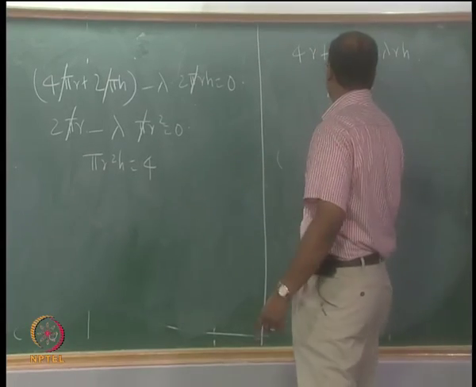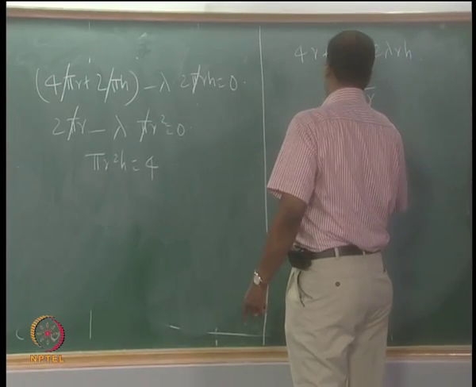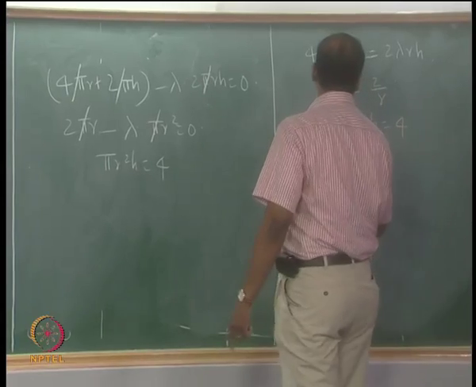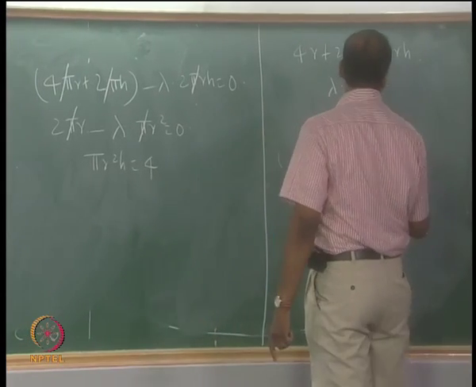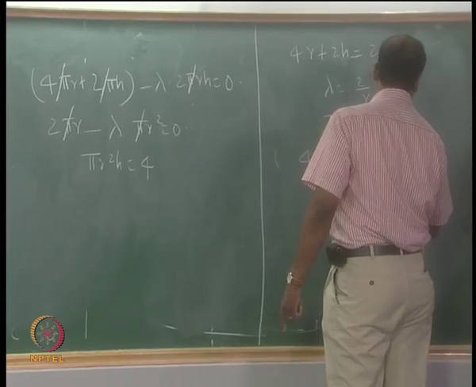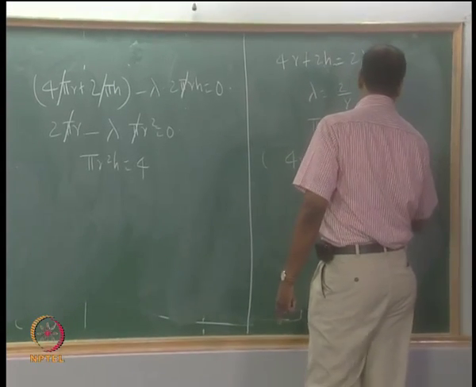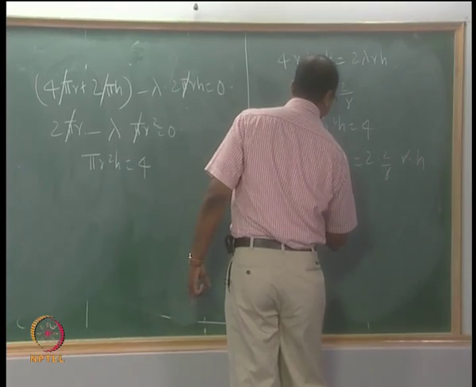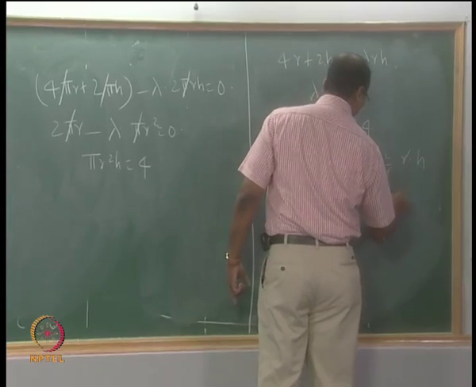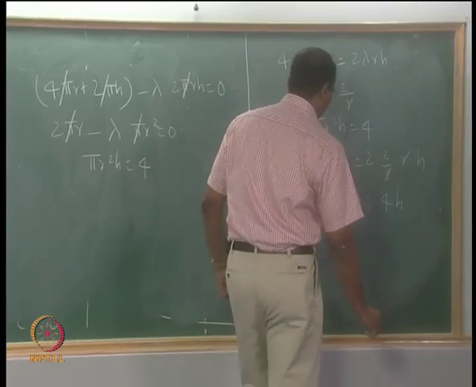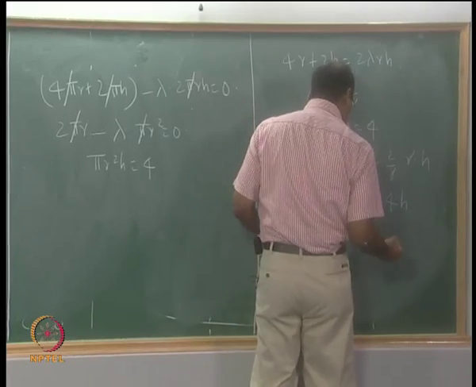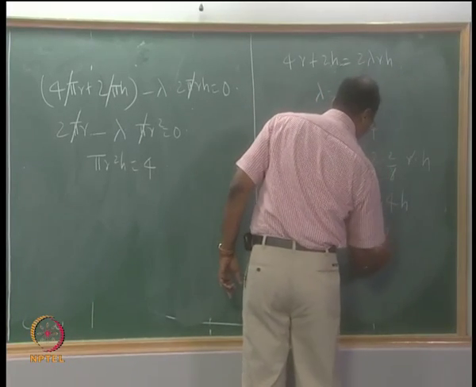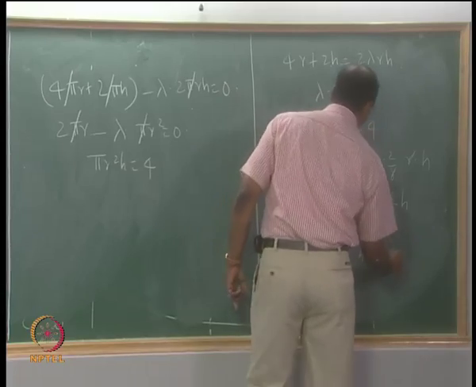Third one is pi r. So 4r, what? H equal to 2r, not bad.